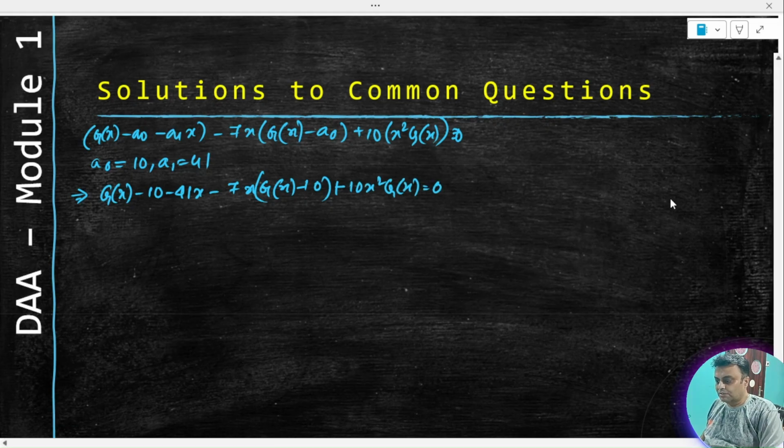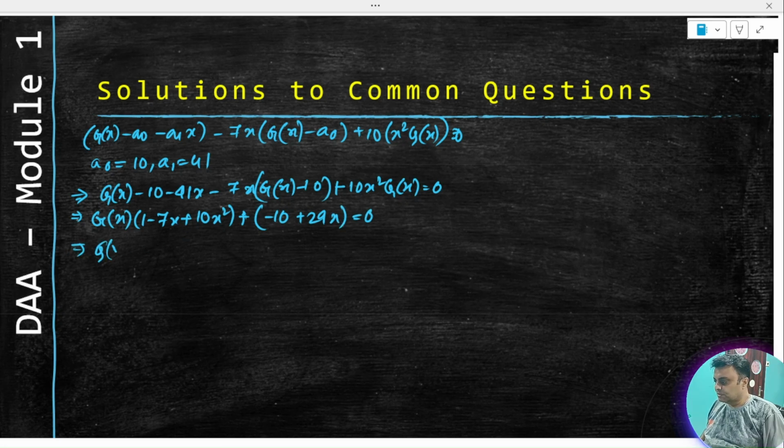So if we solve this and put all the gx terms together, then we will see that it comes to gx into 1 minus 7x plus 10x square plus minus 10 plus 29x that is equal to 0, and therefore this becomes equal to 10 minus 29x divided by 1 minus 7x plus 10x square.